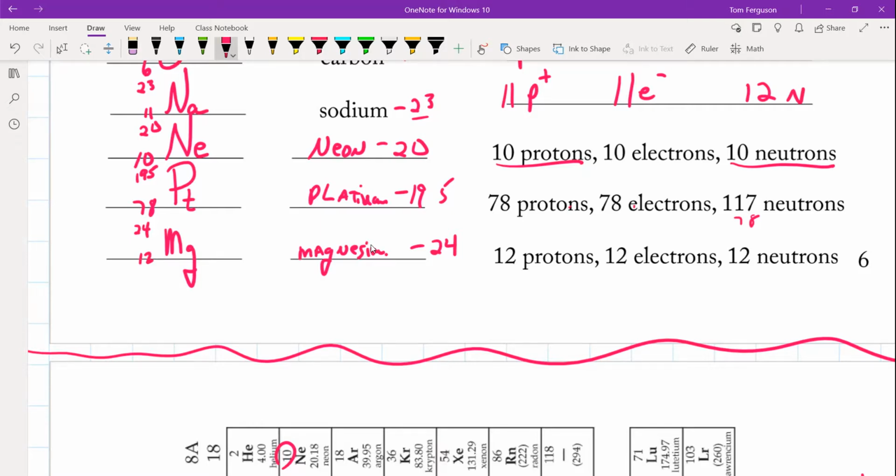Ignore this here, this is page 6. Okay, and ions, as I was saying earlier, are going to differ from neutral because electrons now are no longer going to be equal to protons because ions have a charge.